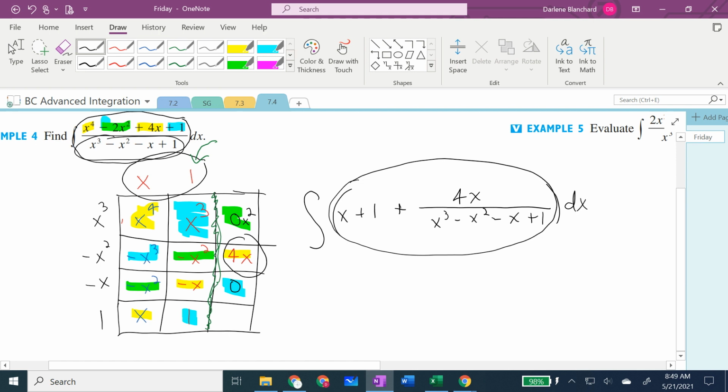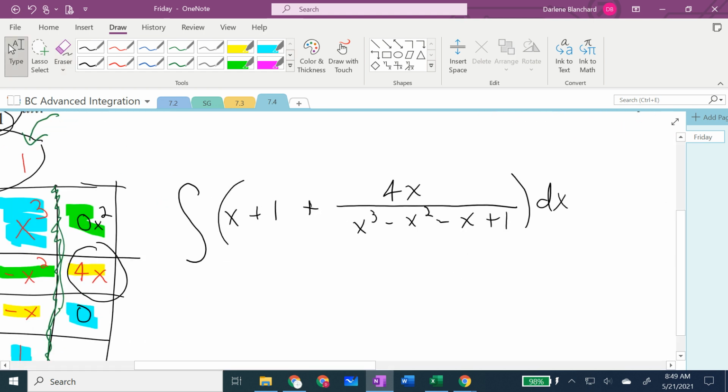But what we have here is now something that is closer to being integrated. And that looks really sloppy. It's bugging me, so I need to try and make it look better. There we go, a little bit better. All right, we know how to integrate x plus 1. I'm going to come back to that.